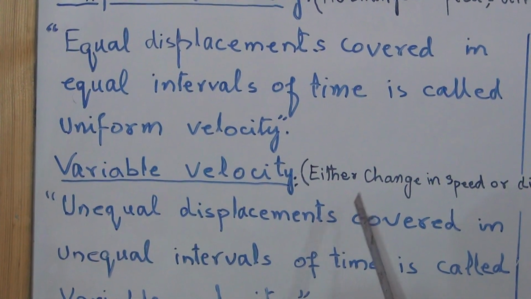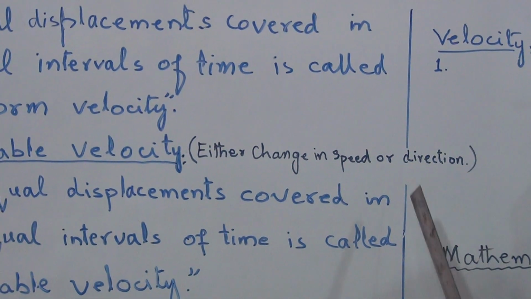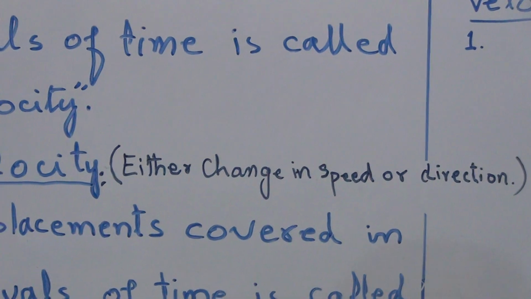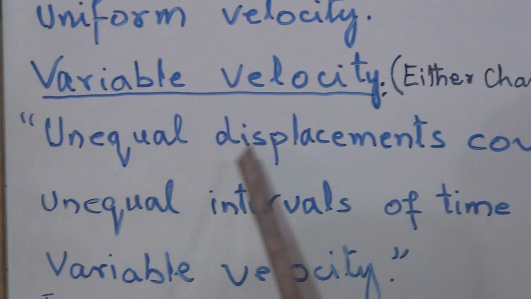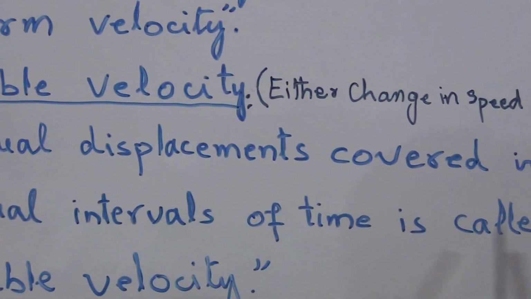Variable velocity: either a change in speed or direction, and if even one thing changes, the velocity will be variable. We can define it as unequal displacements covered in unequal intervals of time.